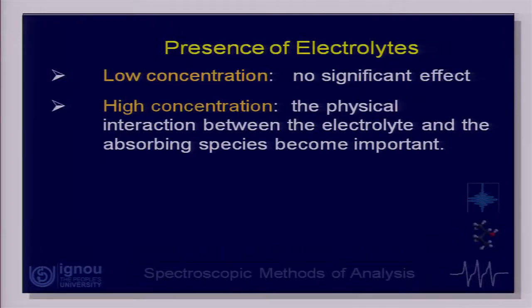But when the concentration of electrolyte increases, then earlier we talked about the species interacting among themselves, that is, there is one absorbing species and a second one, and the two are interacting. Now what we are talking about is one species here with electrolytes around it.